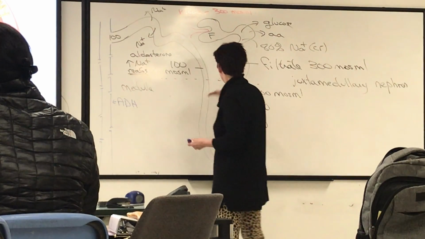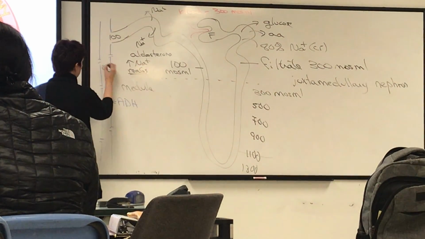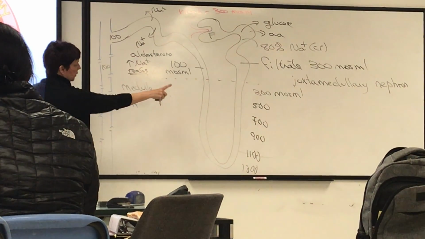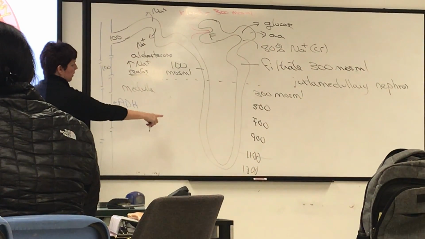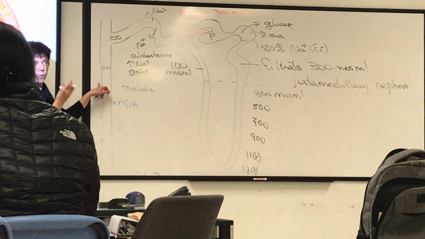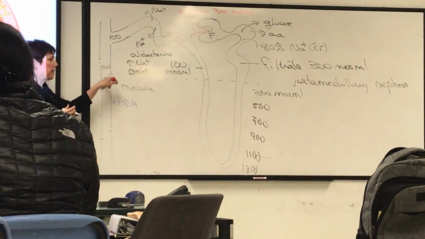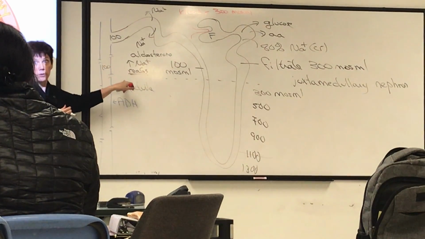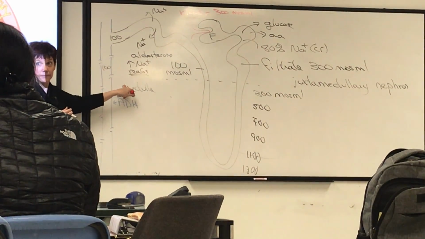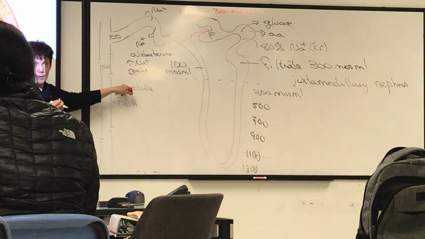Now, as the 100 milliosmolar filtrate flows into a section of the medulla that is 300, and we have aquaporins, what's going to happen to the water? It's going to move from a less salty area to a more salty area, right? Remember sugar on top of strawberries is going to draw the juice of the strawberries out?